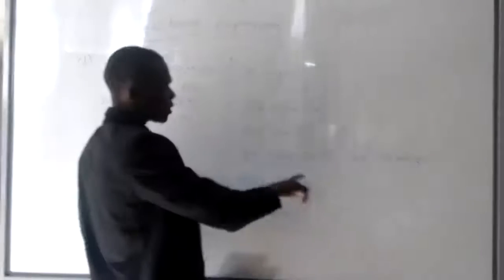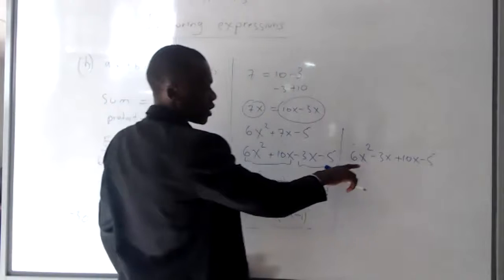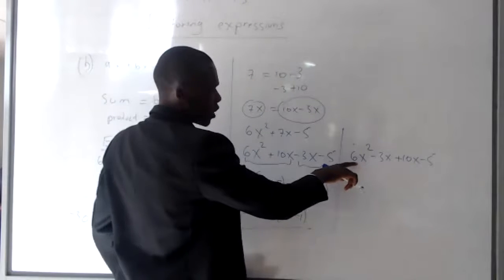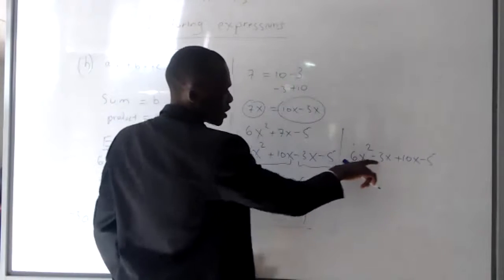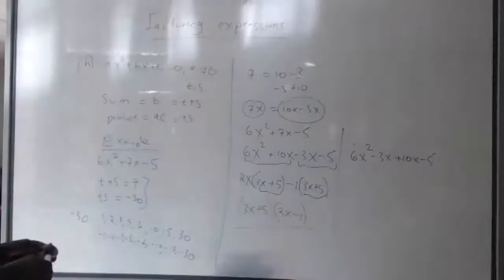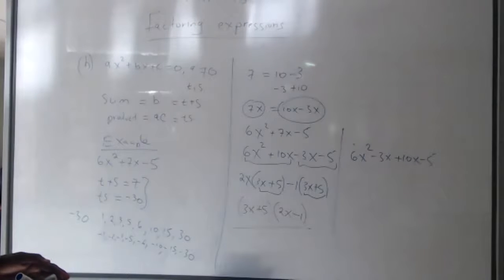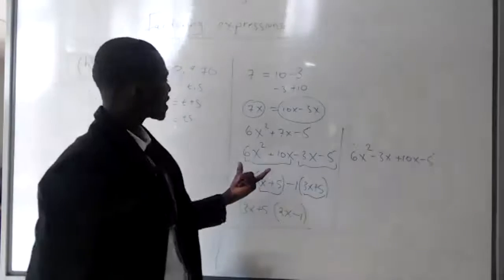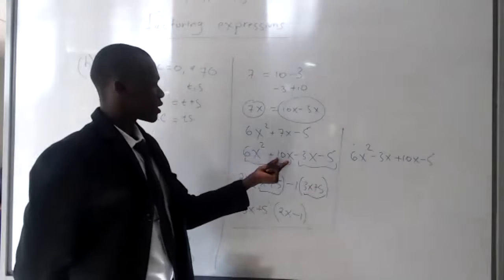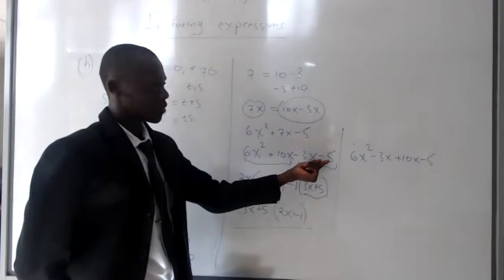If we pair 6 with 3x, then just proceed in the same way. I mean, if we paired the 6 with the 3x and the 10x, is that possible? So first I paired 6x with 10x, and minus 3x with minus 5.